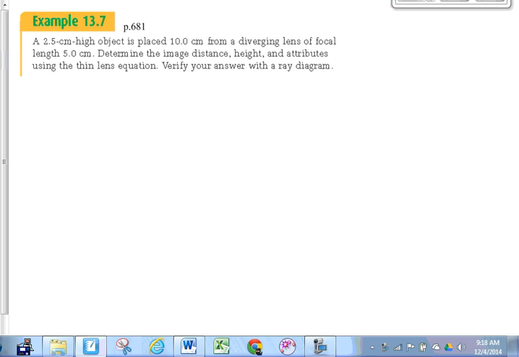Page 681. We've got a 2.5 centimeter high object placed 10 centimeters from a diverging lens. First thing that I would do when I read this question is circle that, diverging lens. What does diverging mean? What is that telling us right away?